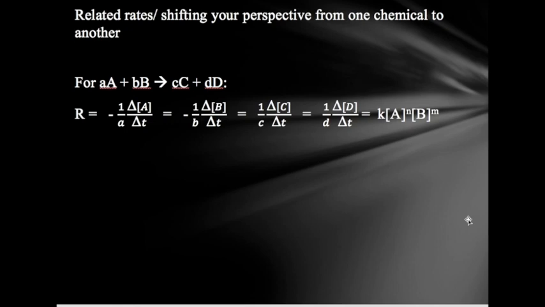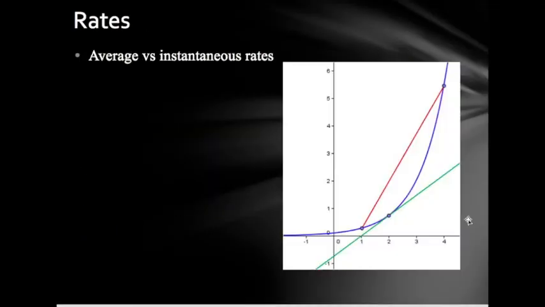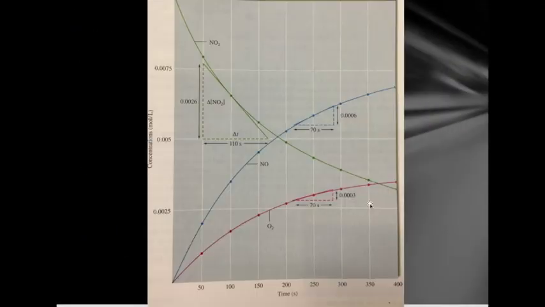I mentioned several times that it is important for you to discuss the rate of a reaction from the perspective of a certain chemical, from the perspective of the reactants or the products or a certain reactant or a certain product. Remember back here when we first started talking about this, we noticed that the production of NO was twice that of O2.